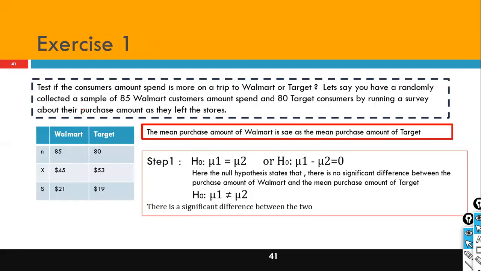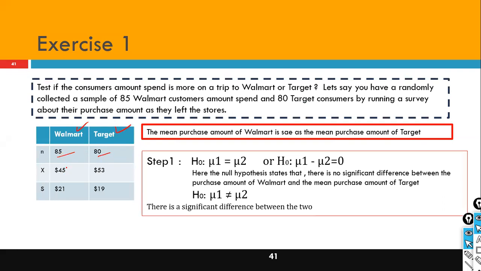Okay, now let us work on this example so that you should be able to understand the two independent sample t-test. And look here, we have Walmart and Target customers. So let's say you are standing in front of Walmart, your staff, and at Target also your employee staff are standing there. And they are running a survey randomly with 85 customers. Here they are running a survey with 80 customers.